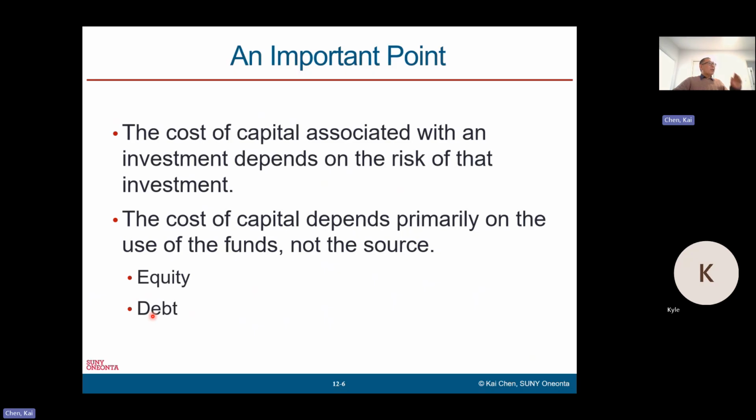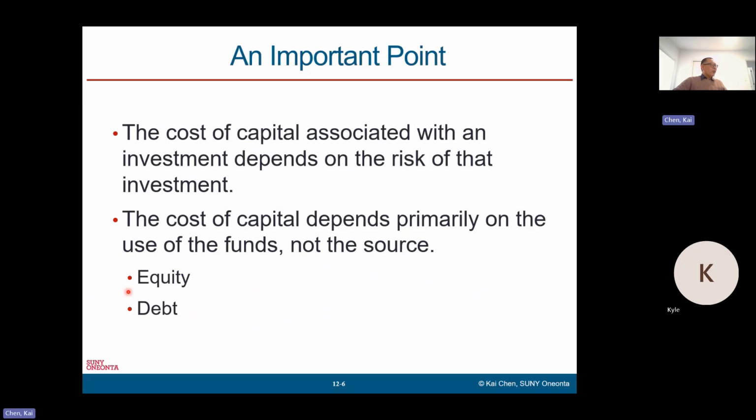If you lend money to a company, the company promises to pay the interest and return the principal. However, if you invest in a company as an equity holder, then you are the residual claimer.